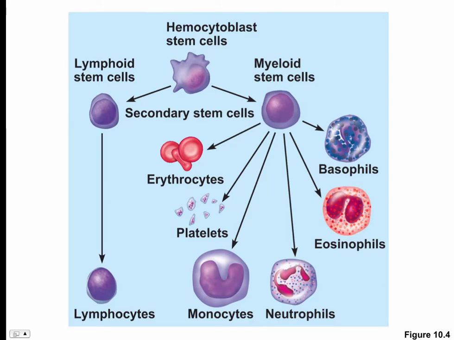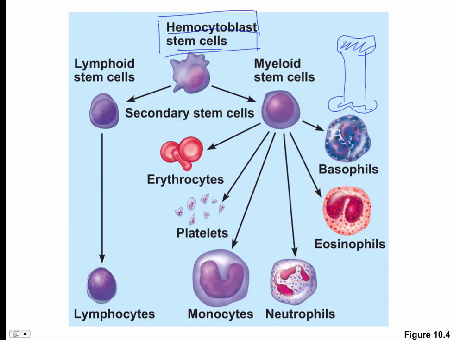Where exactly do these cells come from? This is also a review from chapter 10, and we have what's called the hemocytoblast stem cells, and this is found where? In the adult tissues. Good, it's found within that red marrow, and so it's found at the epiphysis of long bones and also some flat bone regions. So all that red marrow here.